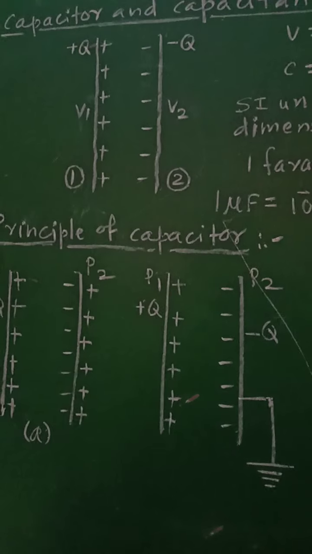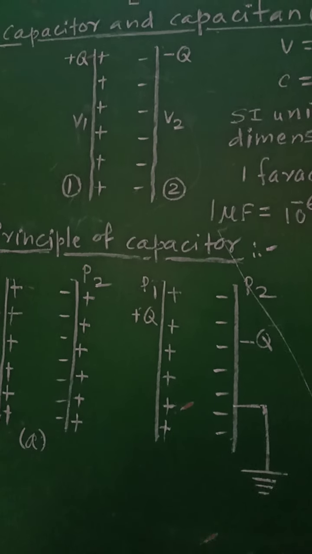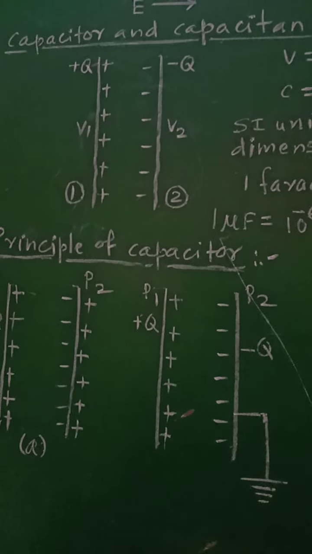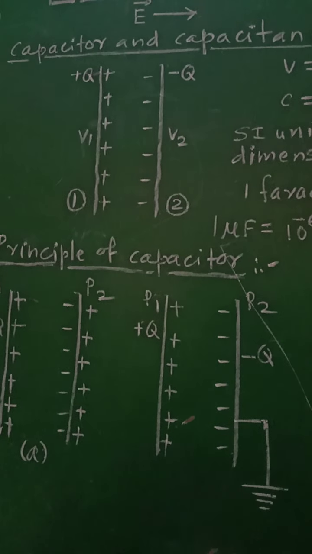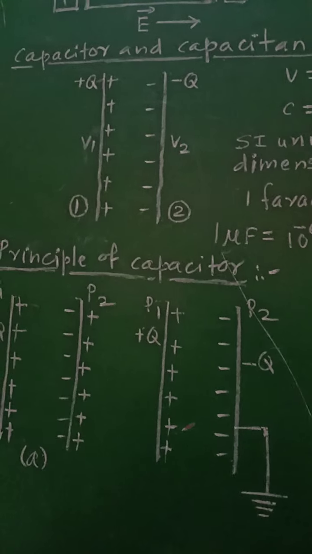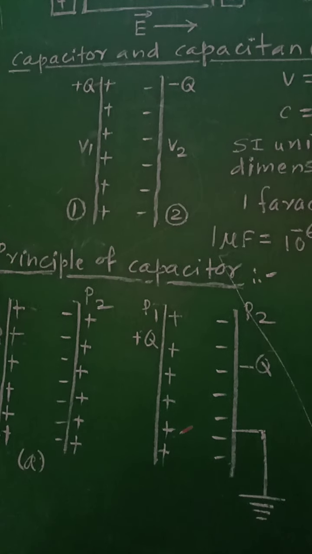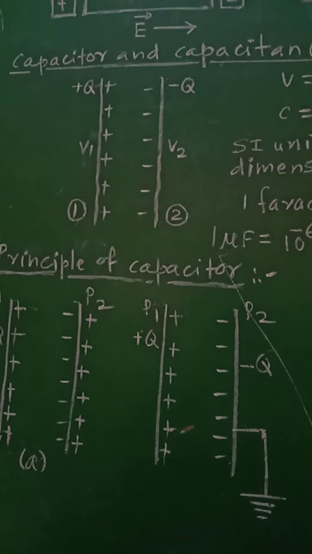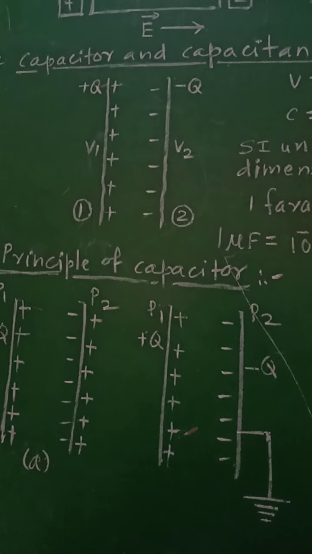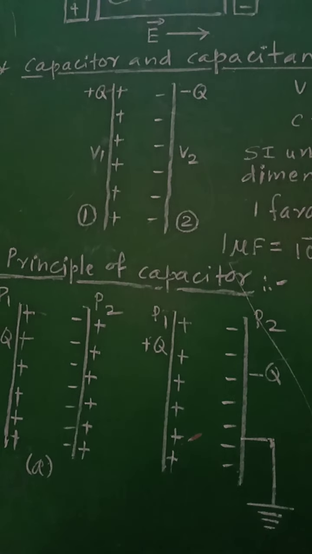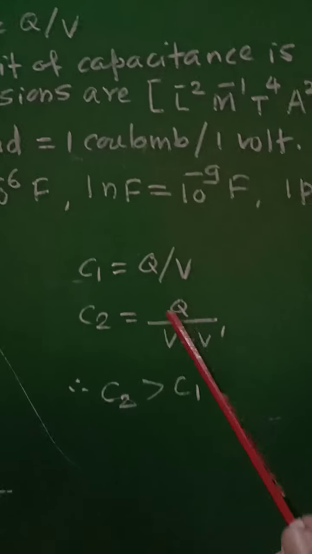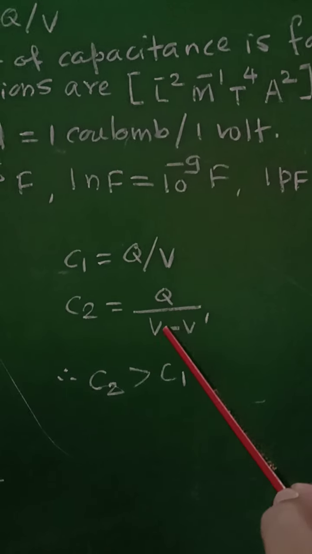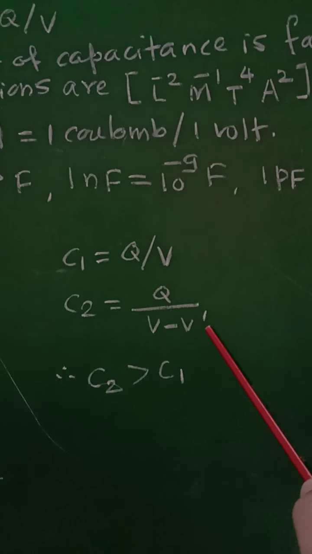If phi1 is the potential on the plate P1 due to charge minus Q, then the net potential of the system will be plus V minus phi1, and hence the new capacity of the system of two conductors, C2, will be equal to Q upon V minus V dash.